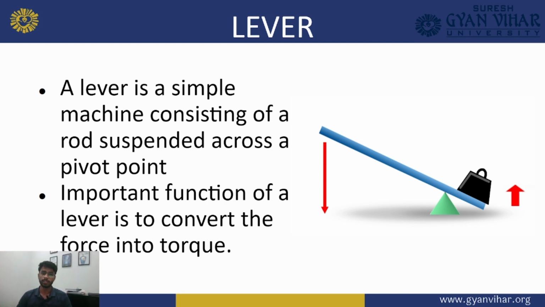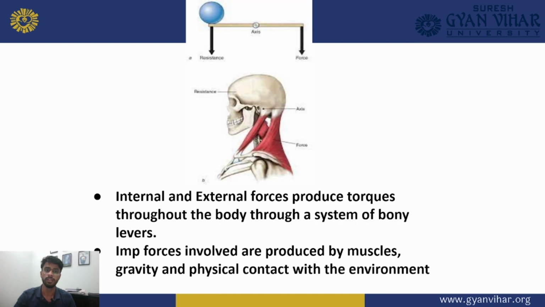So a torque is used to describe the force in an angular motion where the force is acting at a certain angle. Internal and external forces produce torque throughout the body through a system of bony levers.